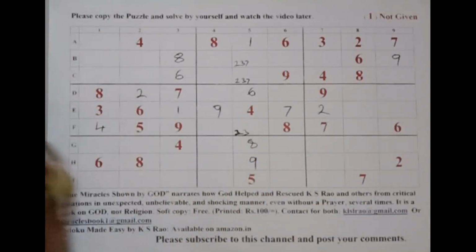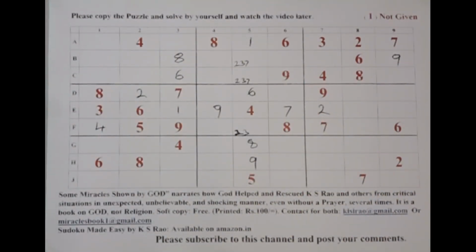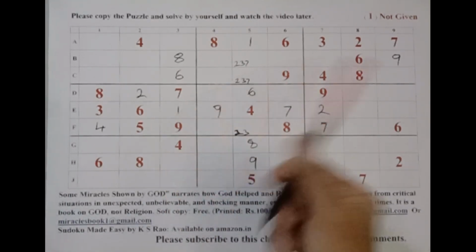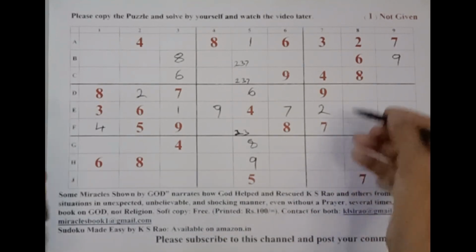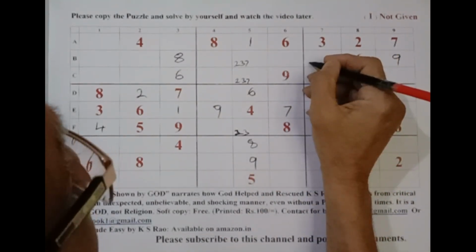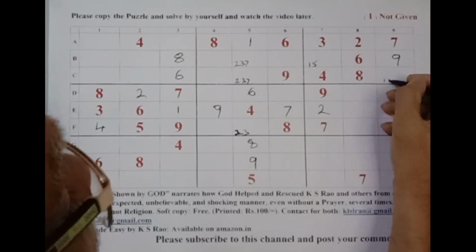That's 9. And then, what about these 2 places? They are for 1 and 5. We don't have a cross check yet. So let us tentatively mark them there. 1 and 5.